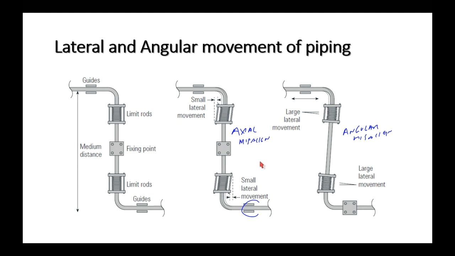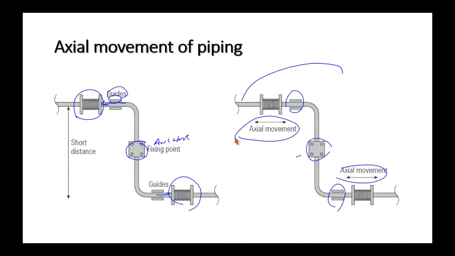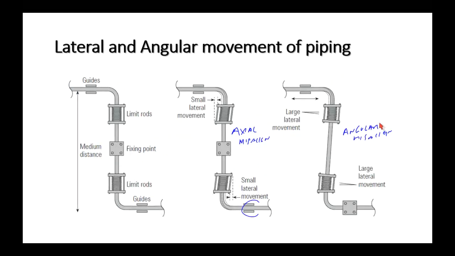Okay, we don't want this happening. This here is what we want. This is what we don't want. Unless we use a special type of expansion joint called a tied universal expansion joint. And if it's tied universal, it's A-OK. It's designed for this.